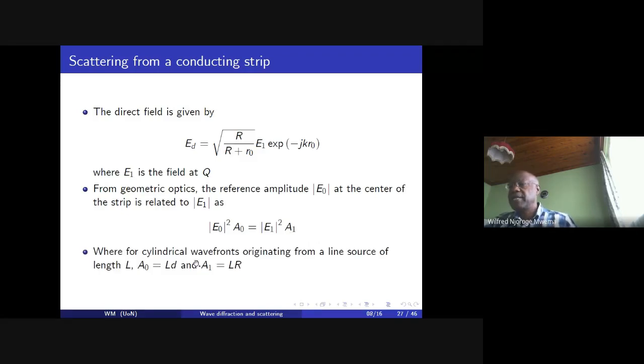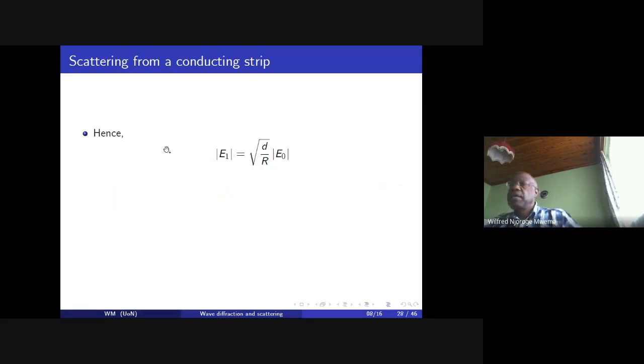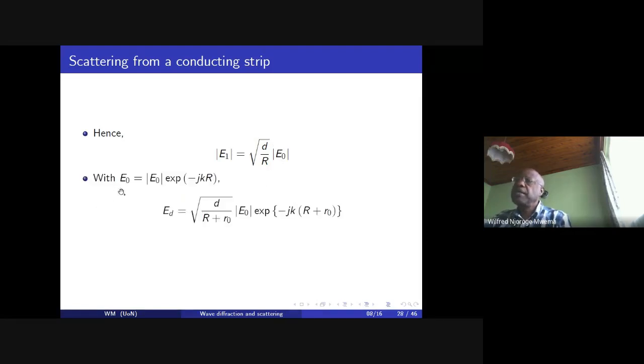And the cylindrical wavefronts originating from a line source of length L will have an A naught and A1 given by the length of the strip multiplied by the distance D, and A1 would be L multiplied by R. And therefore, E1 is just the square root of D by R multiplied by the amplitude E naught. So when E naught is equal to E naught exponent of jkR, then ED will be given by that expression as we have there.